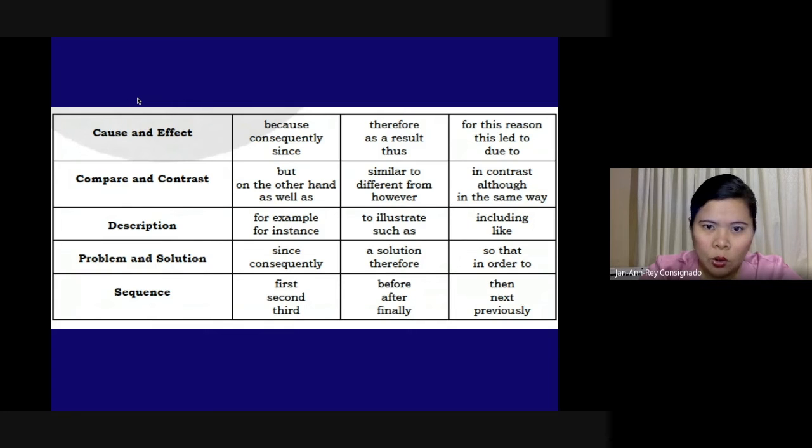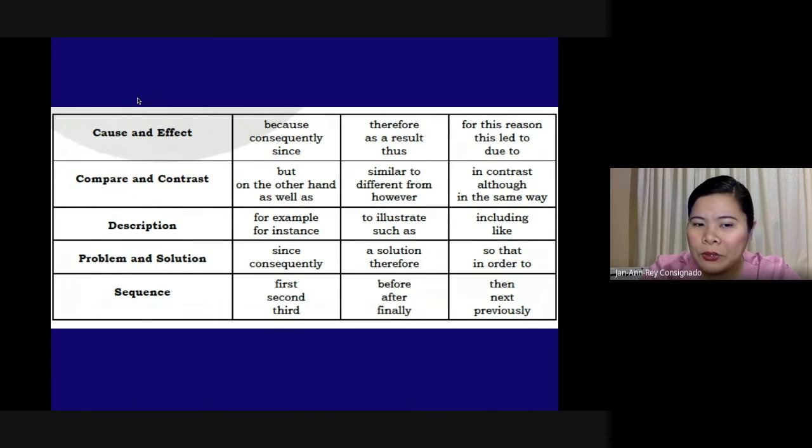But, on the other hand, as well as, similar to, different from, however, in contrast, although, in the same way. Description: for example, for instance, to illustrate, such as, including, like.